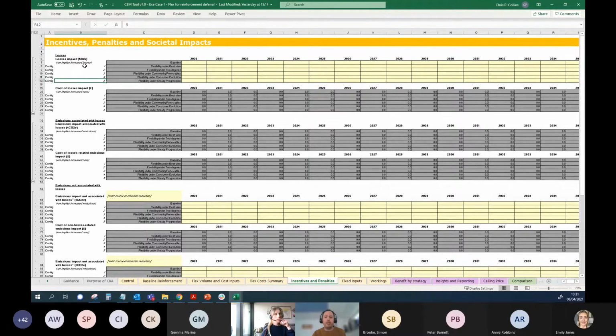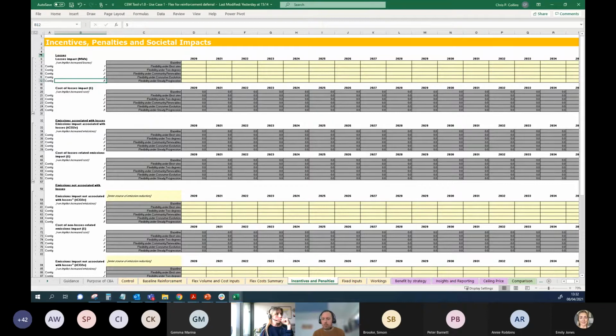So, for example, it may be that flexibility has an impact on the losses that are incurred on the network. There is complicated modeling associated with the relationship between reinforcement and losses, and also flexibility and losses, how the network's utilized, how that utilization affects load flows, not only at the distribution level, but higher up the voltage level. It's not a straightforward calculation, and this tool does not attempt to do that calculation.